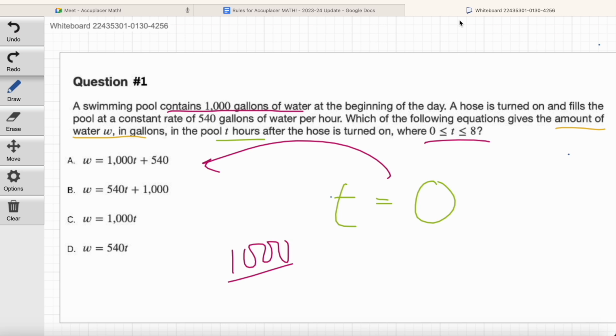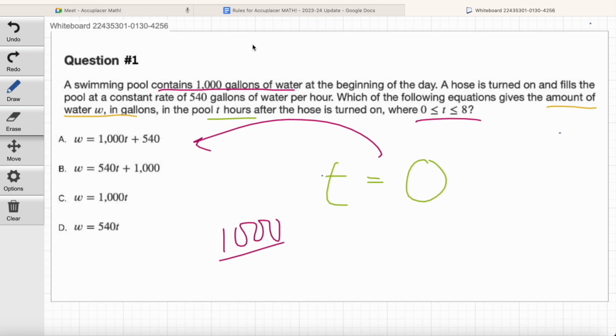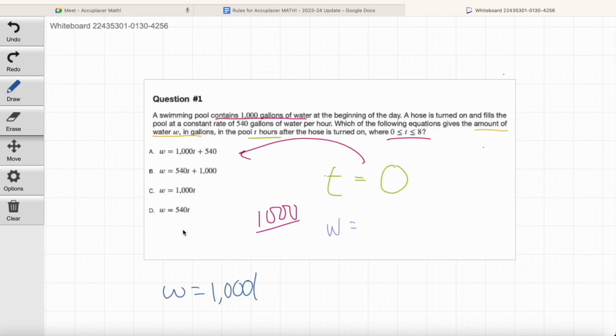Just find a clear spot. You could write the W if you wanted to. W equals, I see where you are now. Zoom out a little bit. Here you go. Okay, great.